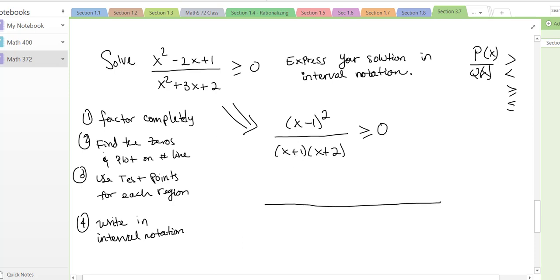So what makes x minus 1 zero is when x is 1. So we're going to plot 1. And now these ones make the rational expression undefined. So any zeros from the denominator make the whole thing undefined.